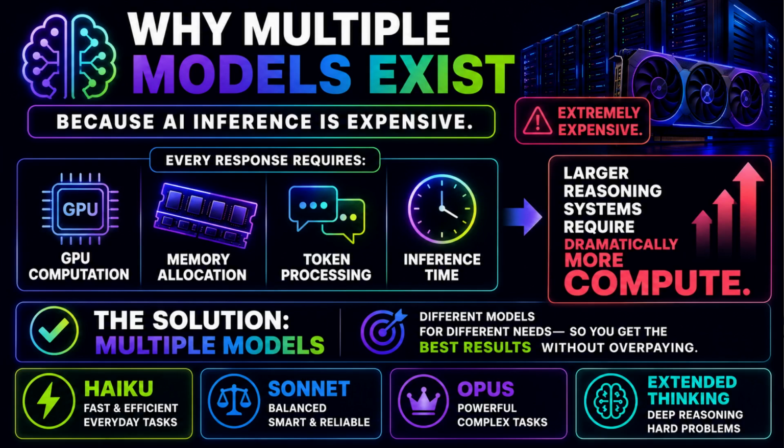It's really extremely expensive. Every single response requires GPU computation, memory allocation, token processing, and inference time. And larger reasoning systems require dramatically more compute power. This creates unavoidable trade-offs. Fast models usually use less compute power. They respond quickly and process requests more efficiently.